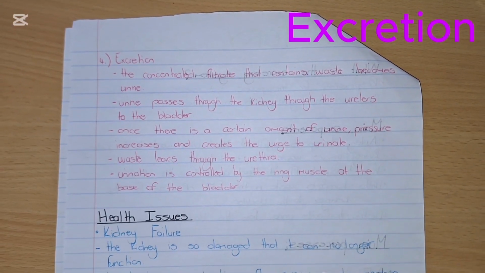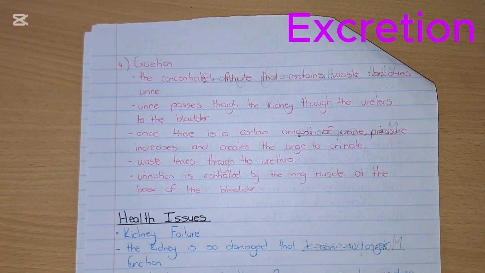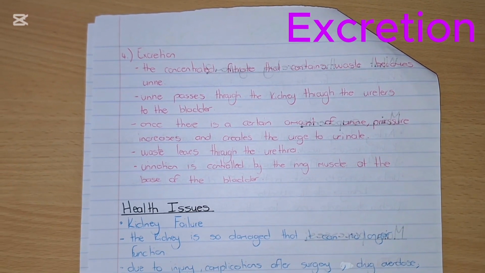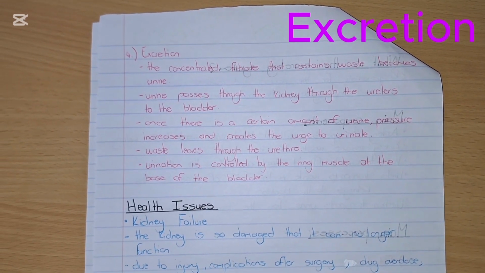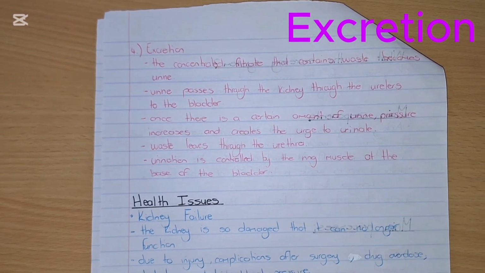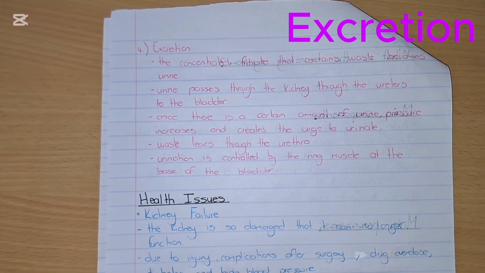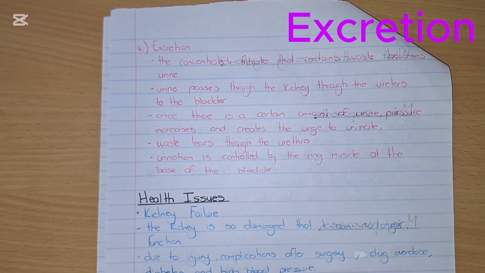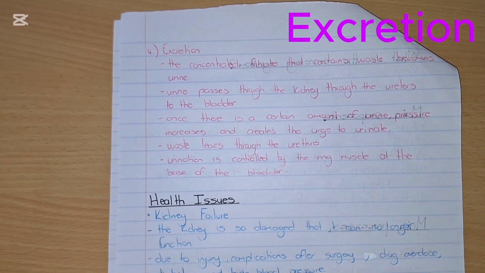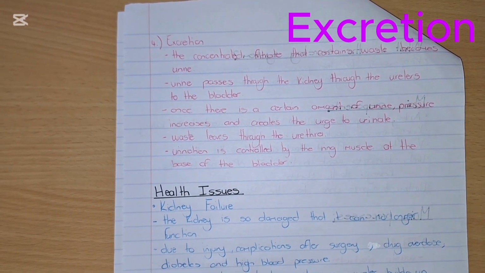Then we have excretion, which is when the concentrated filtrate that contains the waste becomes urine. Then urine passes through the kidney, through the ureters to the bladder. And once there's a certain amount of urine in the bladder, pressure starts to build, and then that creates the urge to urinate.